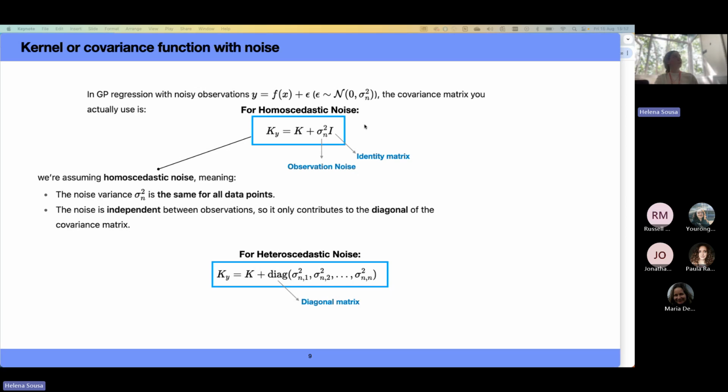In this example, this is just homoscedastic noise, which means that the noise variance will be the same for all of our data points. This is why here we have an identity matrix. But we can also have the case where we have heteroscedastic noise, in which case we will have a different variance for each of our points. I just wanted to put this here as a note.